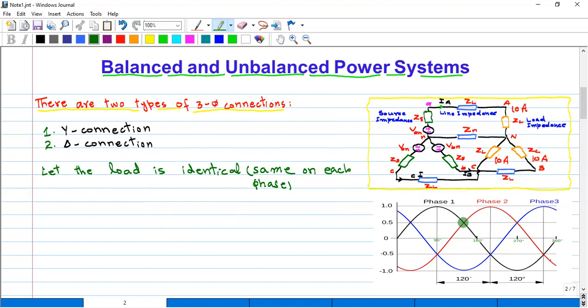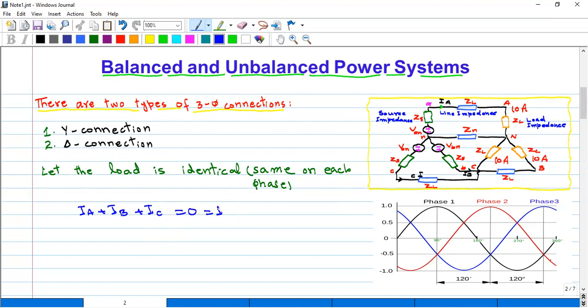As you can see in this figure, the phase difference is 120 degrees between phases 1 and 2, and between phases 2 and 3. Between each two phases, the phase difference is 120 degrees. As we discussed in the previous lecture, in case of identical loads, the sum of all the currents, IA plus IB plus IC, is equal to 0.